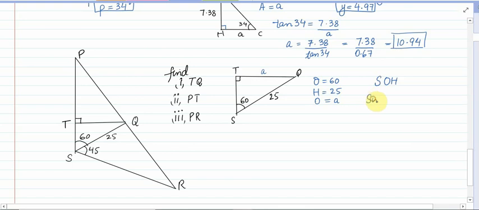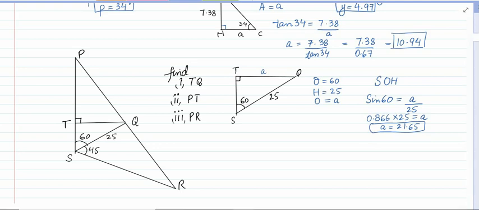So sine of angle 60 is opposite A over hypotenuse 25. So sine 60 is 0.866 multiplied by 25 is equal to A. It's 21.65. Right? I hope all of you had done it and got the right answer.